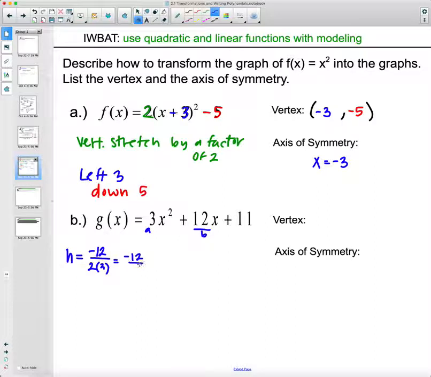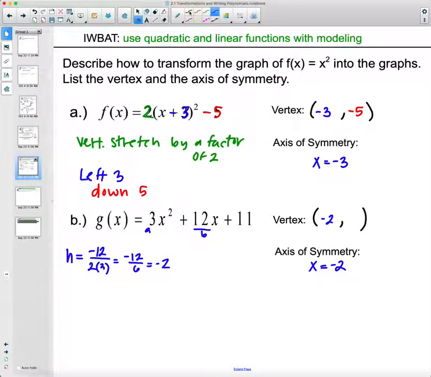So negative 12 divided by 6 is negative 2 for the x coordinate of your vertex, which is your axis of symmetry as well. So x equals negative 2 for that.